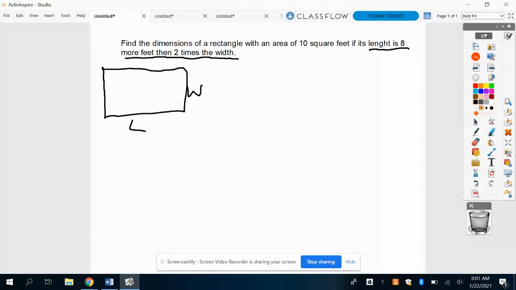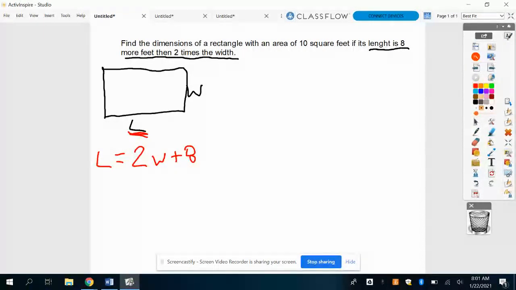I'm going to make my length L, and I know the length is equal to 8 more than 2 times the width. So that would be 2 times W plus 8. Now I know my length is 2W plus 8.